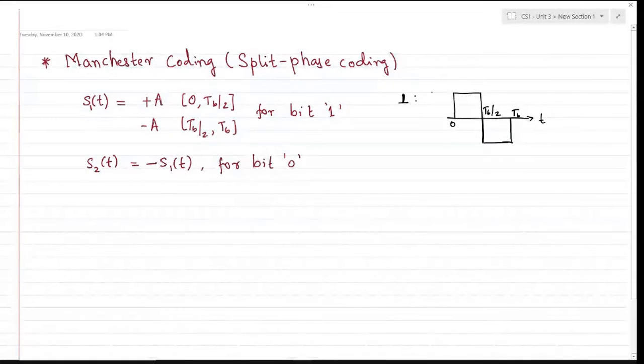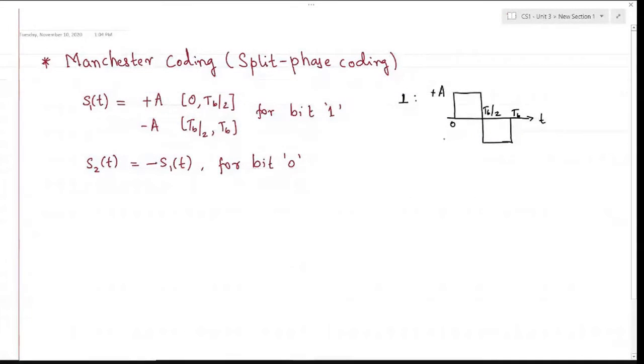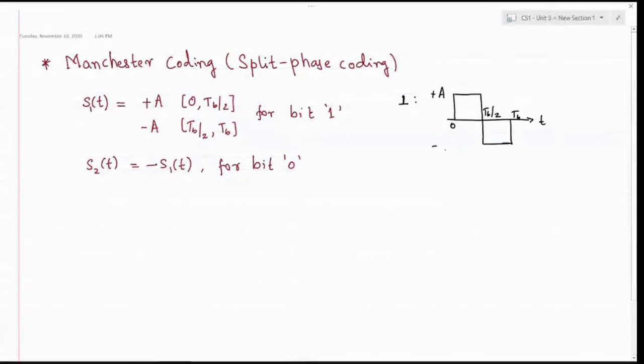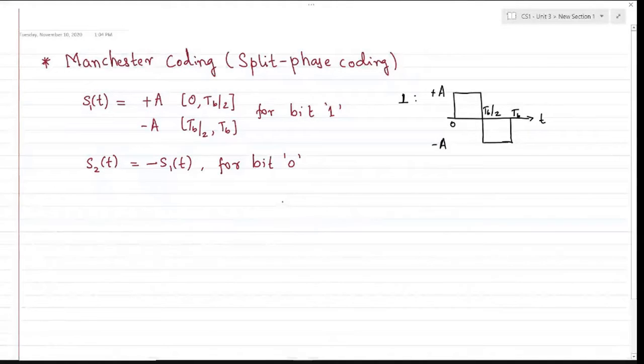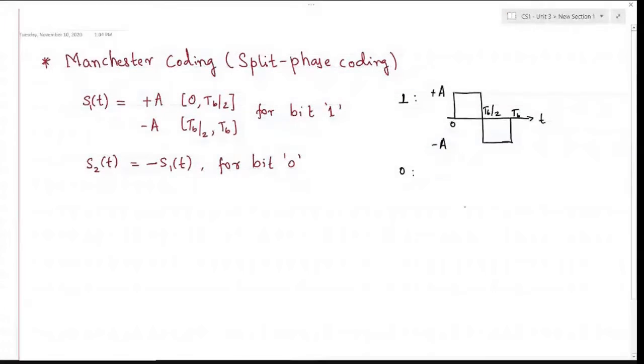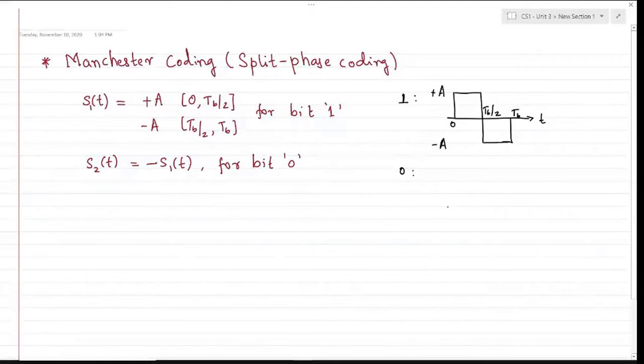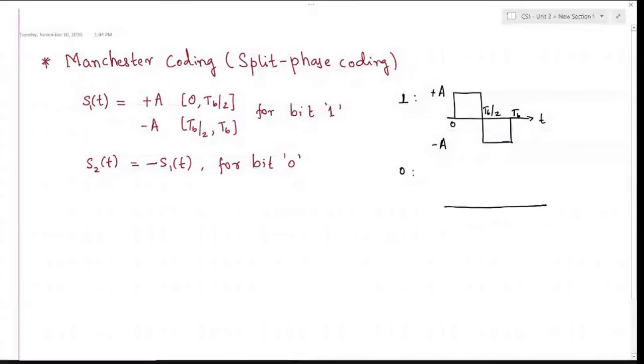Of course, the magnitude is plus A and minus A. It's biphase coding, sometimes known as split phase coding, and famously known as Manchester coding. We'll talk more about that. And bit 0 is represented exactly opposite of it.